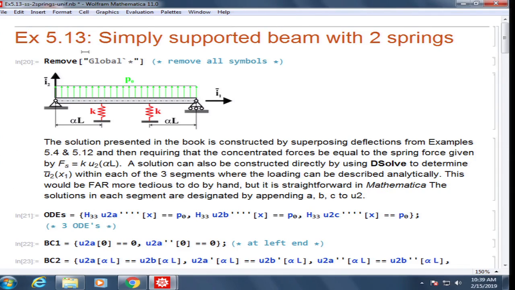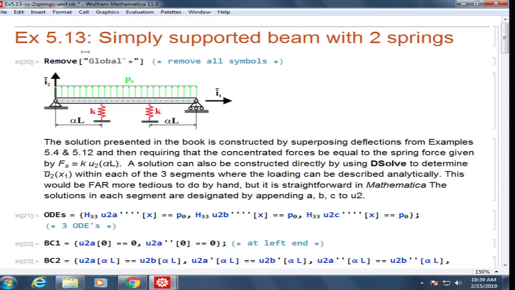So let's say this is my first part, this is my second part. I'll say my displacement at alpha L is equal to u2 at alpha L for the second part. There is no support there, so I cannot say it's 0, but I can say it's continuous. The beam cannot fall apart.